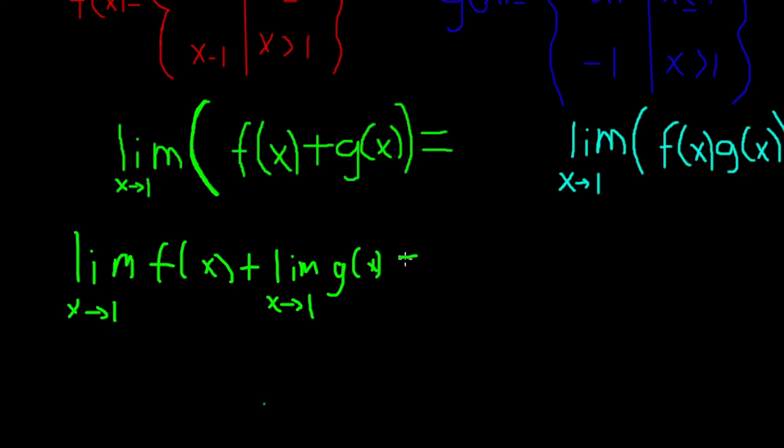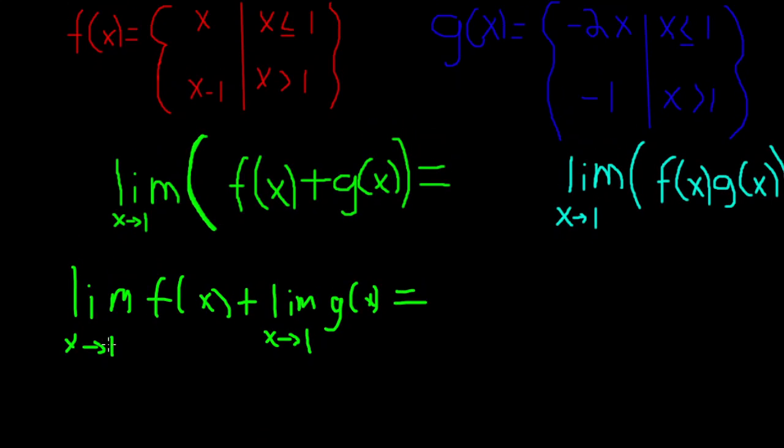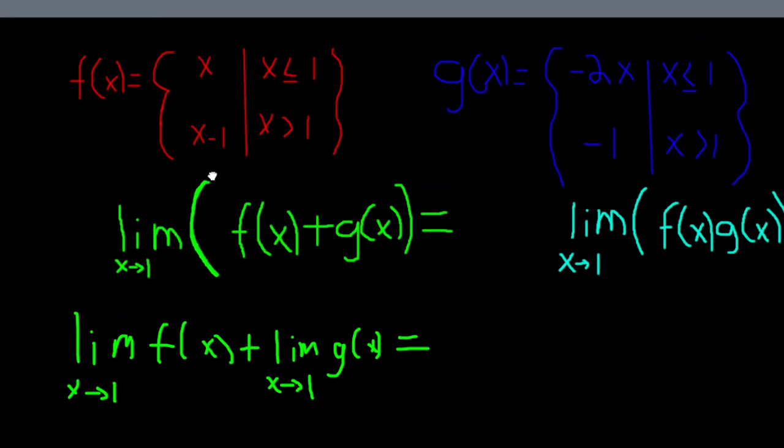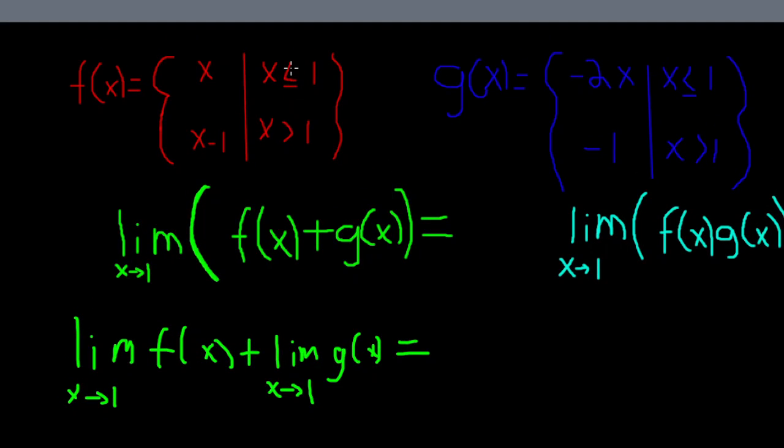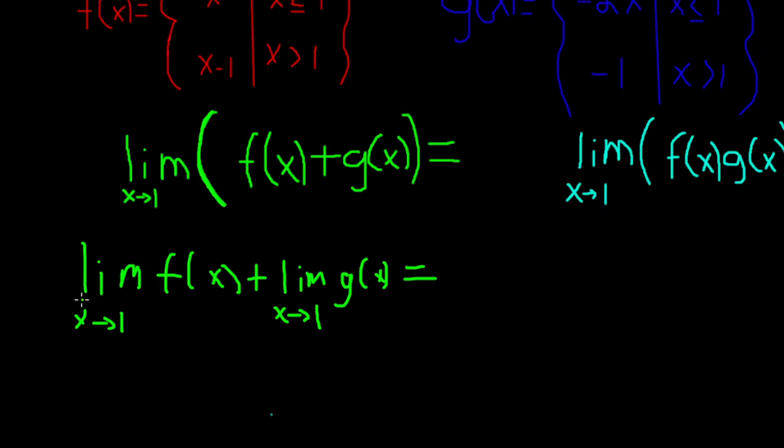But if you try to do that, so let's try it. For f of x as x approaches 1, well, if it approaches from the left, it equals 1, but if it approaches from the right, it equals 1 minus 1 or 0. So since both one-sided limits don't equal each other, this limit doesn't exist.